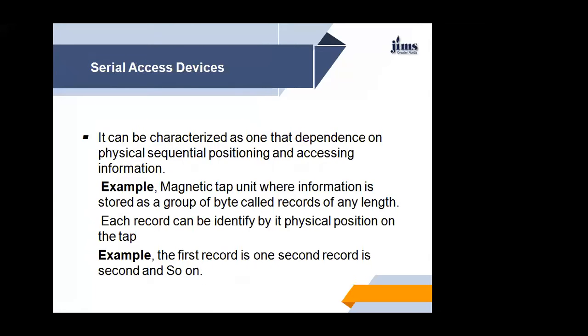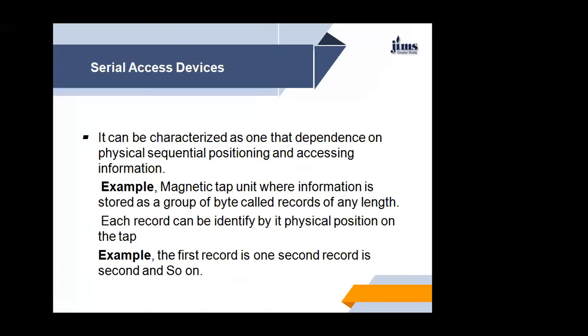The first one is the serial access device. It can be characterized as one that depends on physical sequential positioning and accessing of information. An example is the magnetic tape unit, where information is stored as a group of bytes called records of any length.